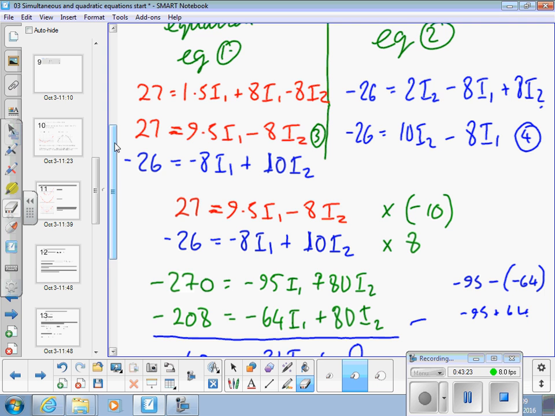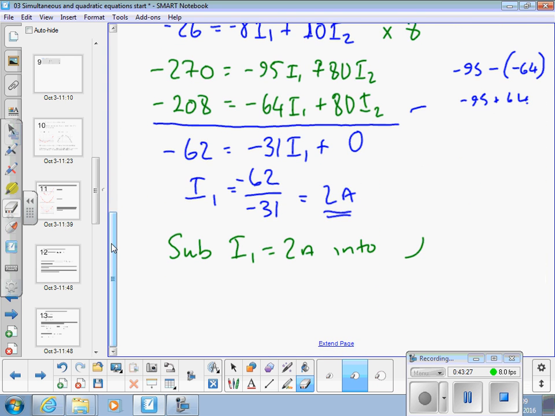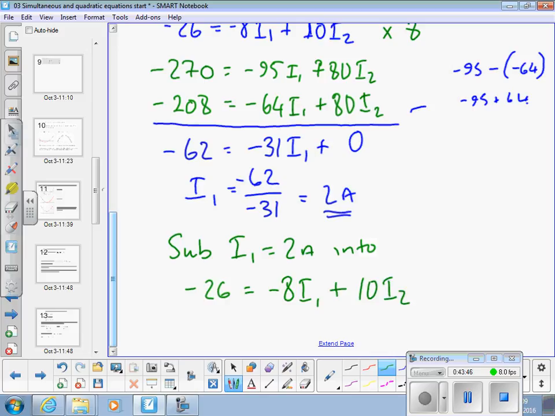So we choose minus 8I1 plus 10I2. Minus 26 equals minus 8I1 plus 10I2. So we're going to substitute I1 equals 2 amps into that.